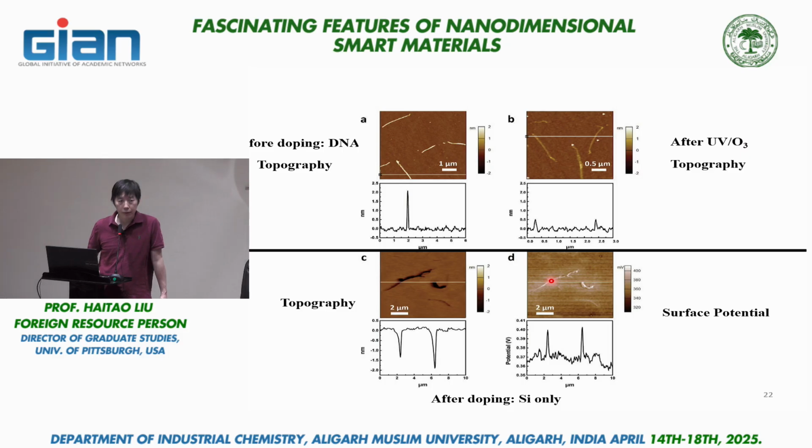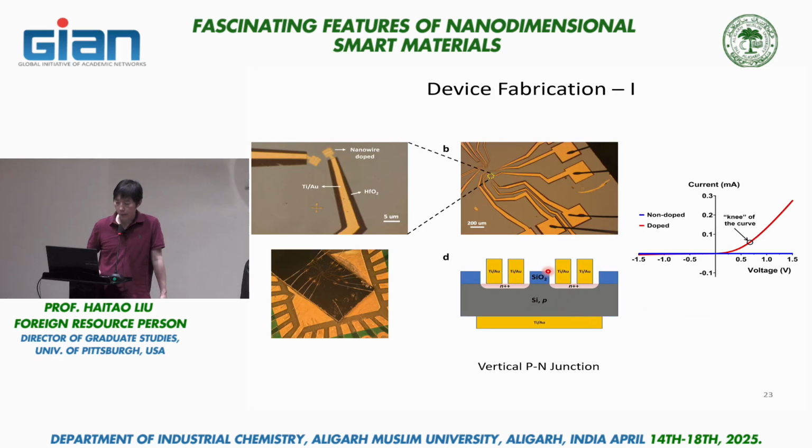And this is probably one of the strongest pieces of evidence indicating that the silicon is being doped. The contrast here is not due to topography, but rather a change of surface potential, which is a function of dopant type and dopant concentration.